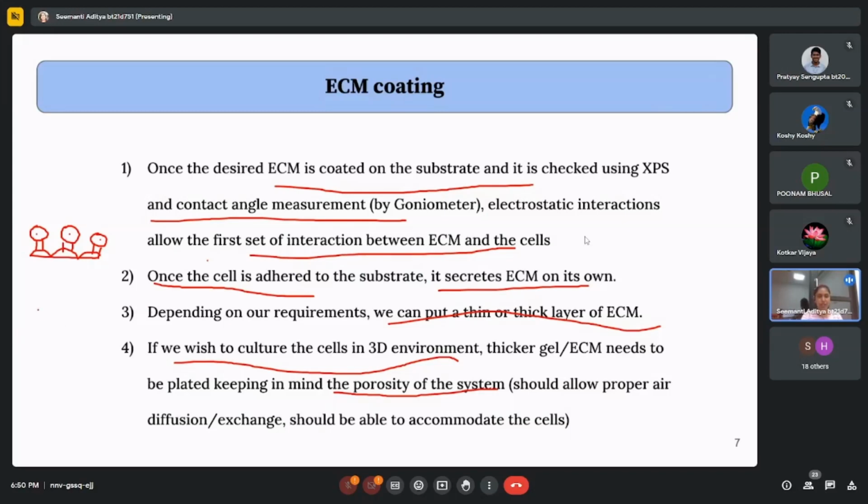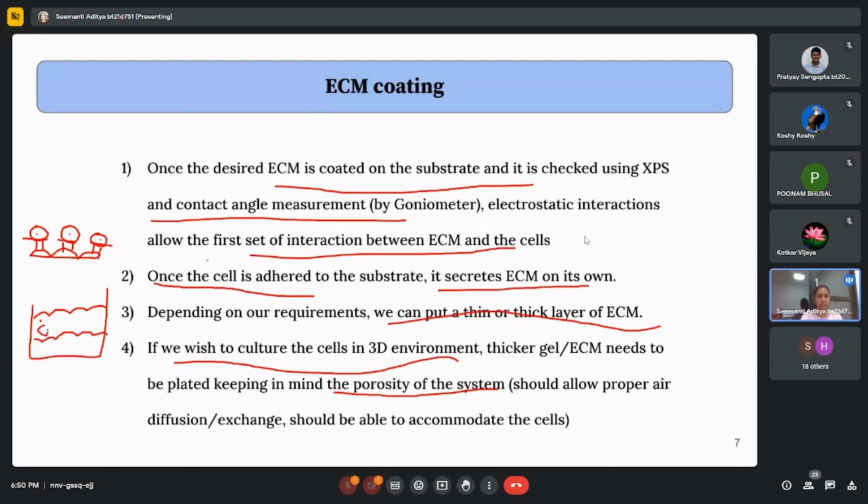If the ECM is thinner, there is no such problem, because the cells will only interact with the lower portion of the cell's entire structure. But in a 3D culture, the matrix has to interact with all the three-dimensional regions of the cell.